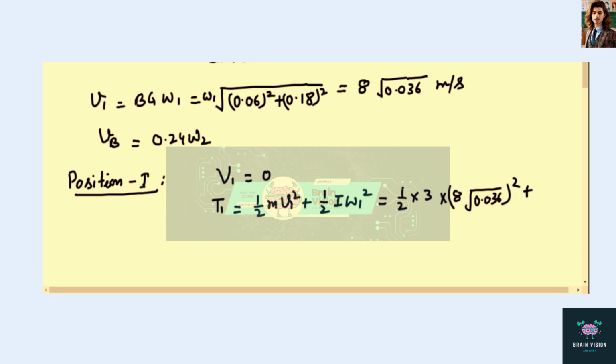Moment of inertia is m into k squared, and radius of gyration is given 0.09 meter, and omega is 8. So on solving it, T1 will be 4.2336 joule. This is the kinetic energy at initial position, and this is the potential energy.